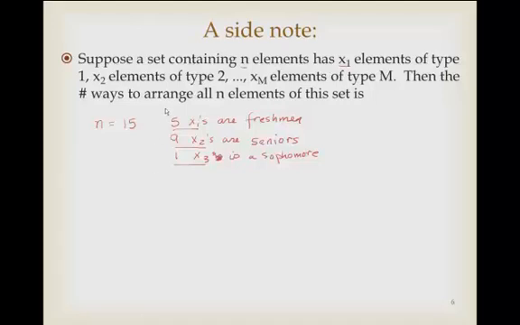The trick is when we line these guys up. So we're going to have 1, 2, 3, 4, 5, then 1, 2, 3, 4, 5, 6, 7, 8, 9, and then our last one there.